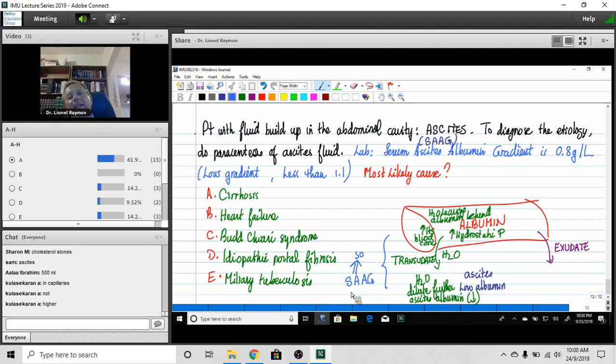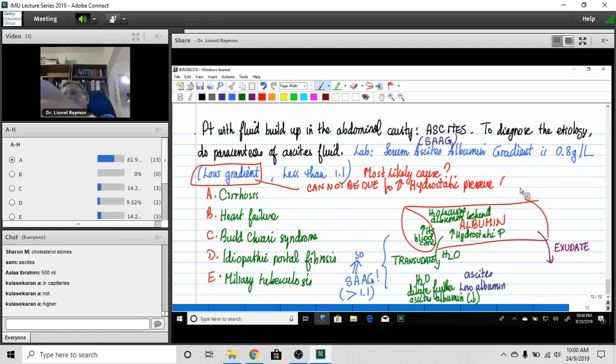It would get greater, literally, than 1.1. And here, I told you it's a low gradient. So if it's a low gradient, it cannot be due to increased hydrostatic pressure. It's not a transudate.